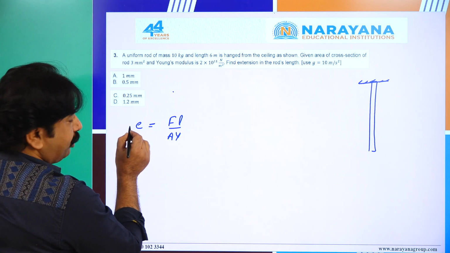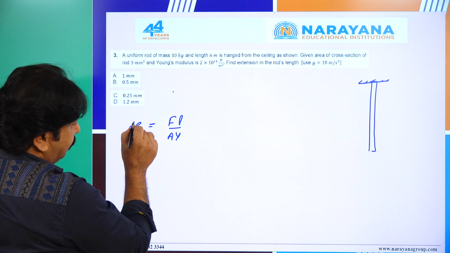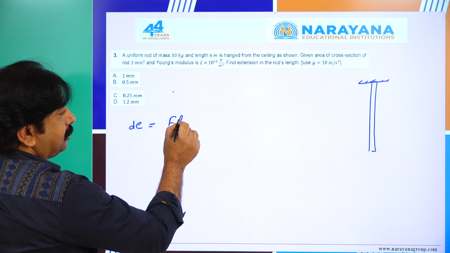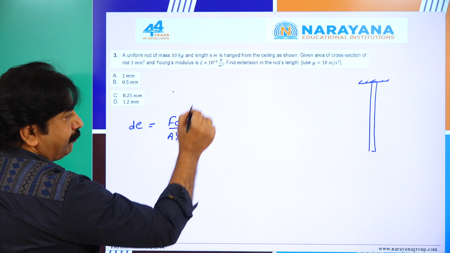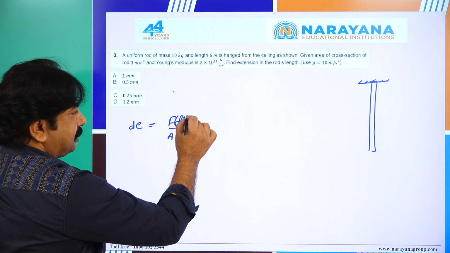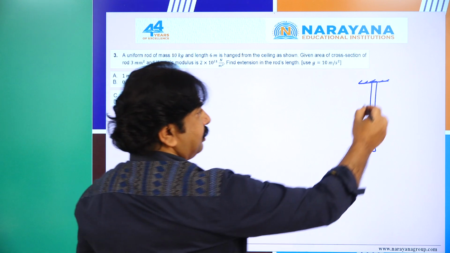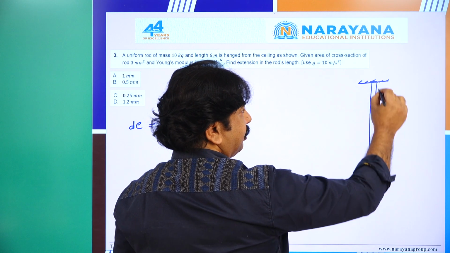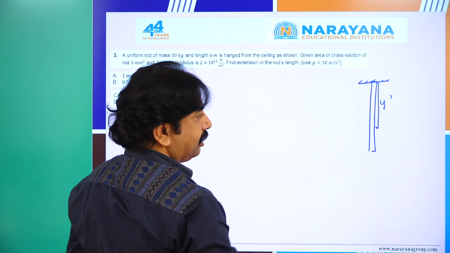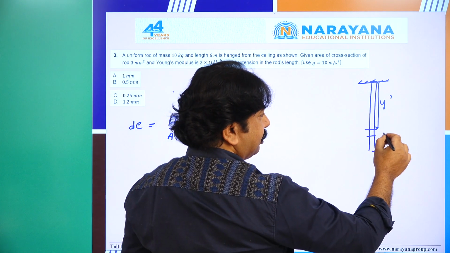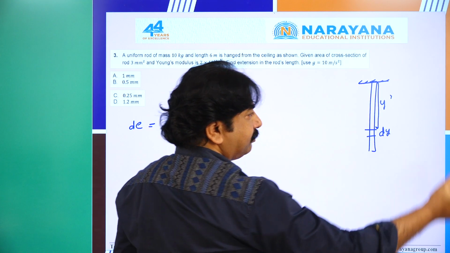The basic formula we have to change for the small one, dE, the elongation in the small length dy. Here we are considering such a way, this is the y, this is nothing but dy only.